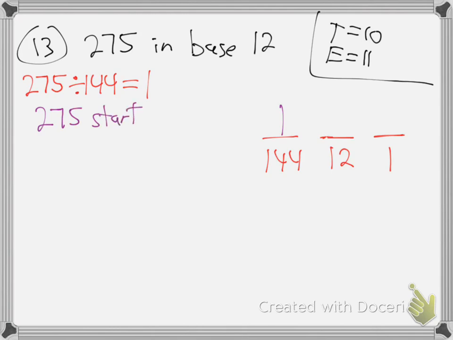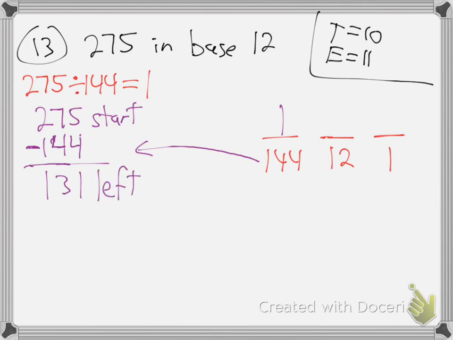We're going to subtract. We good? It's making sense. Subtract the 144. So we get 131 left to go. 131 left to go.